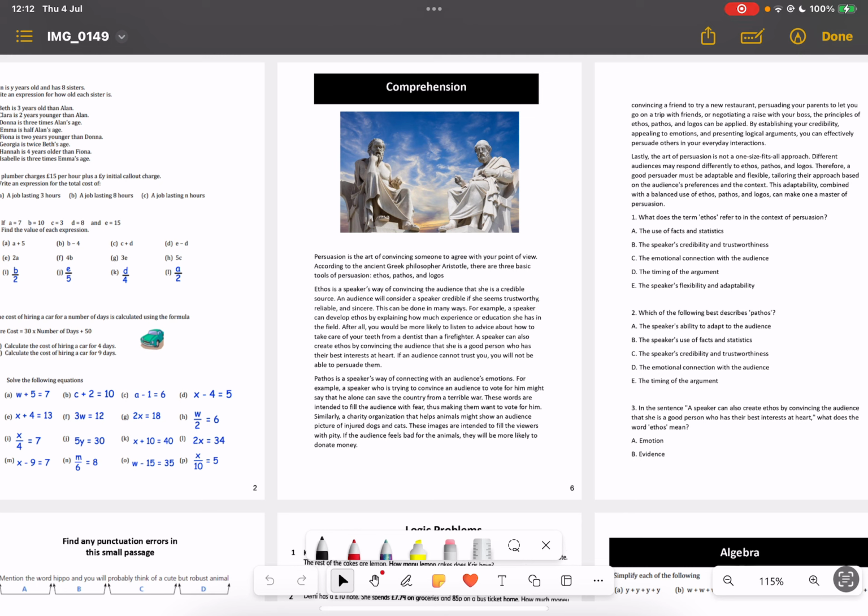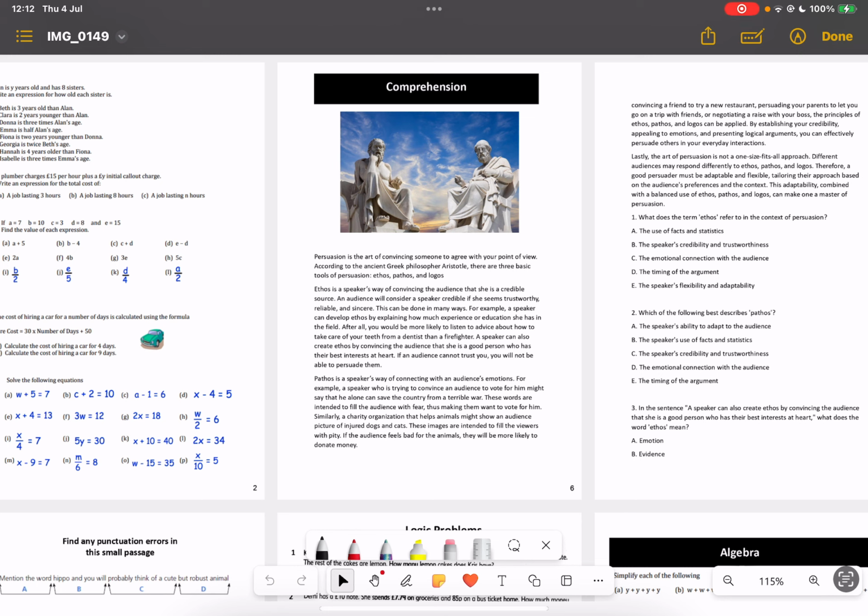Ethos is the speaker's way of convincing the audience that she is credible, that she is a credible source. And the audience will consider a speaker credible if she seems trustworthy, reliable, and sincere. This can be done in many ways. For example, the speaker can develop ethos by explaining how much experience or education she has in the field.